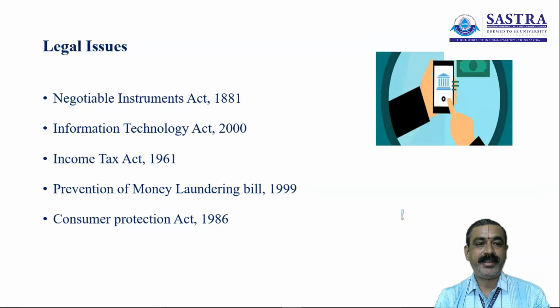And another is the Income Tax Act 1961. See, Section 40A, subsection 3 of the Income Tax Act 1961 recognizes only payments through a crossed cheque or crossed bank draft, where such payment exceeds Rs 20,000, for the purpose of deductible expenses.